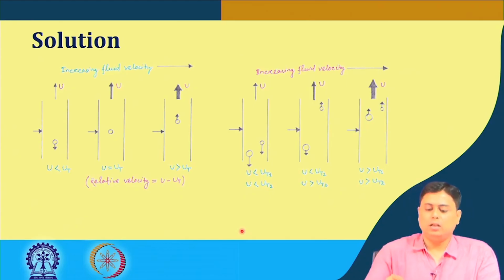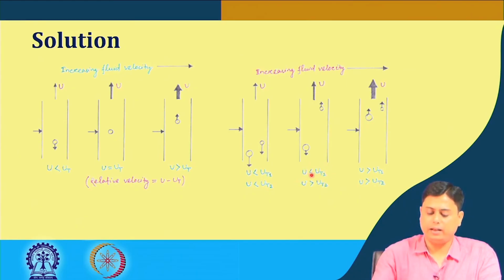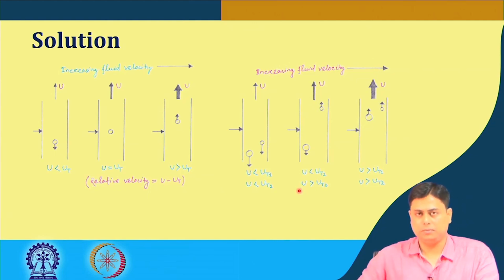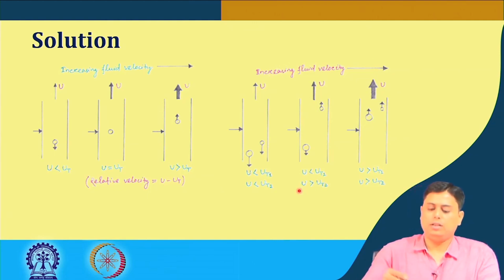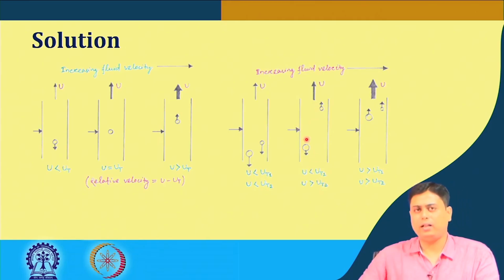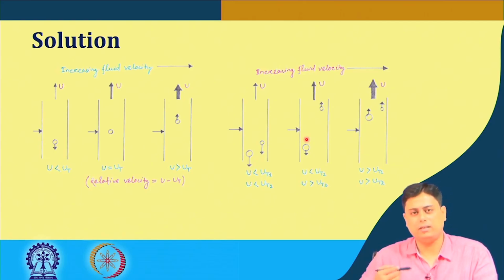In another scenario, when ut1 is greater than u, but the terminal velocity of the other material is lower than that, then one material will go away, one material will come down. Since the terminal velocity depends on the size as well, because size is the prominent factor, the terminal velocity varies in square of the size, if you remember the expression.